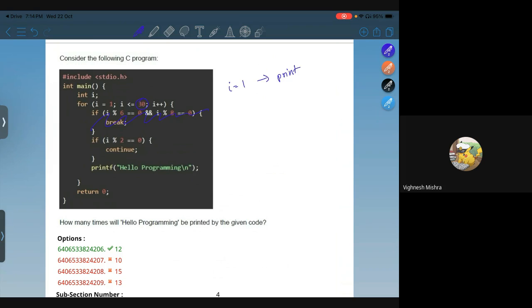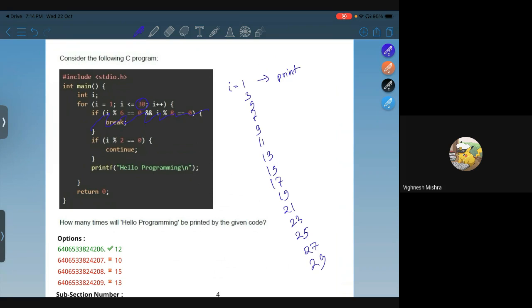If the number is odd, it will print. If the number is even, it won't print. So 1, 3, 5, 7, 9, 11, 13, 15, 17, 19, 21, 23, 25, 27, and 29.